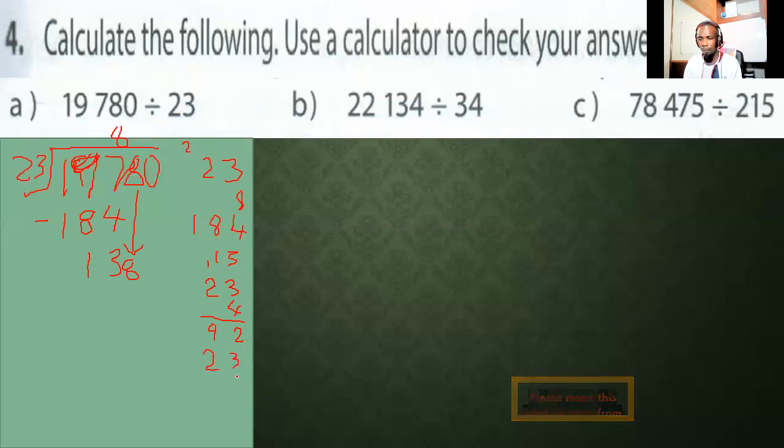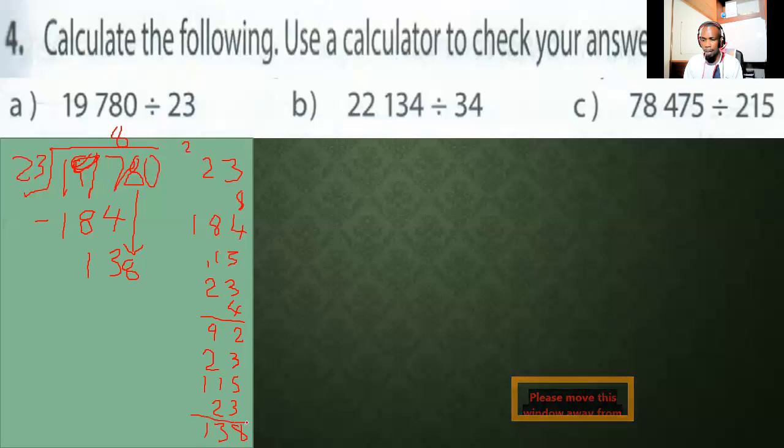3 plus 2, 5. 9 plus 2, 11. 11, good. Can I add another? Yes, I can add another 23, right? 5 plus 3, 8. 1 plus 2, 3. 1, 1.